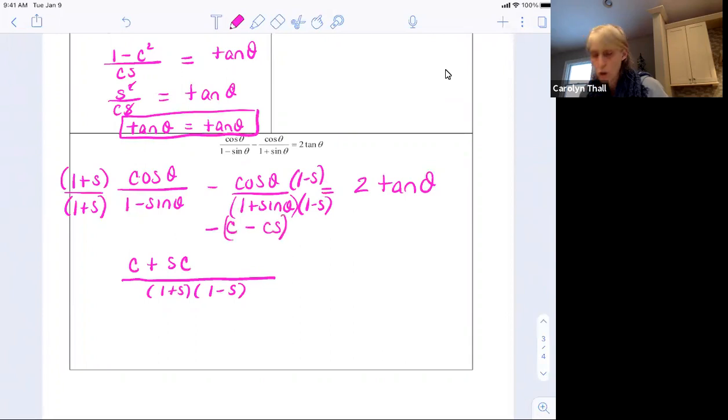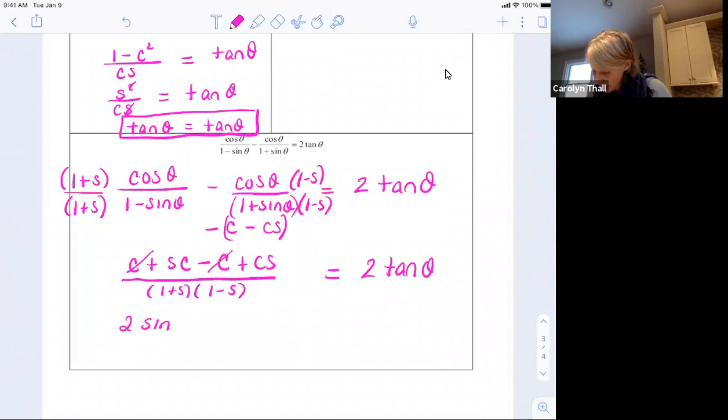Remember, I'm subtracting that entire quotient, so subtracting the entire set of parentheses. Minus cosine plus cosine sine. My cosines cancel. I'm going to have 2.